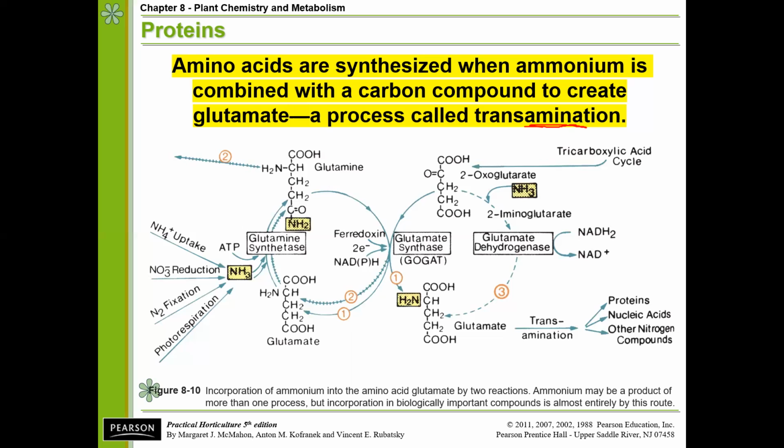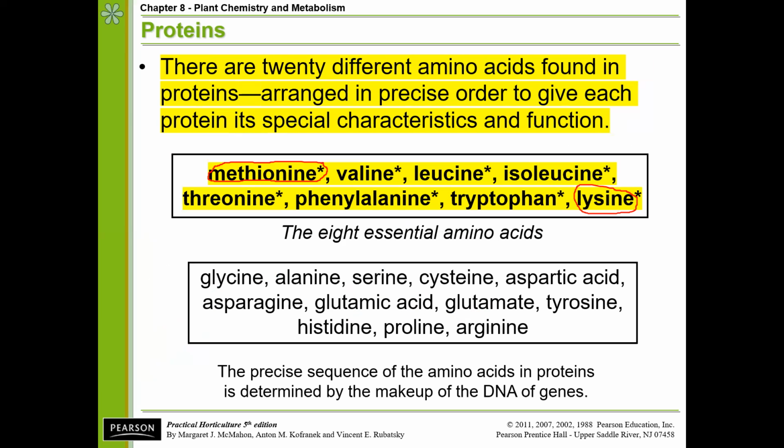Ammonium is combined with a carbon compound, making the types of amino acids that are out there. Ammonium is where we get that nitrogen group, taken into this chemical process.